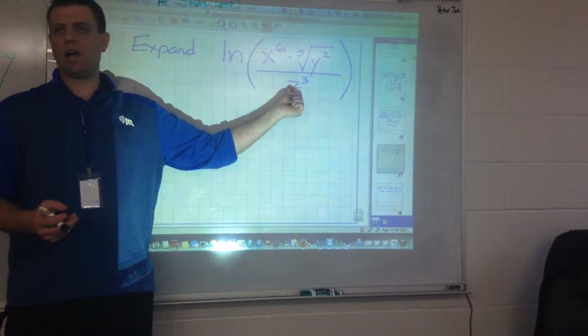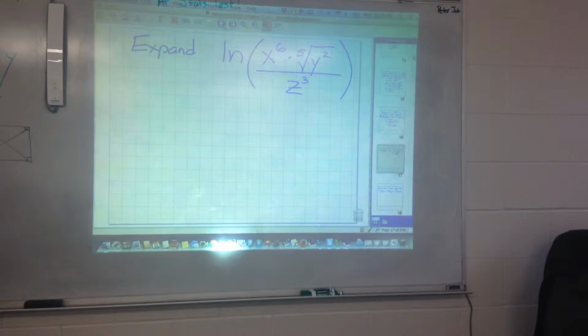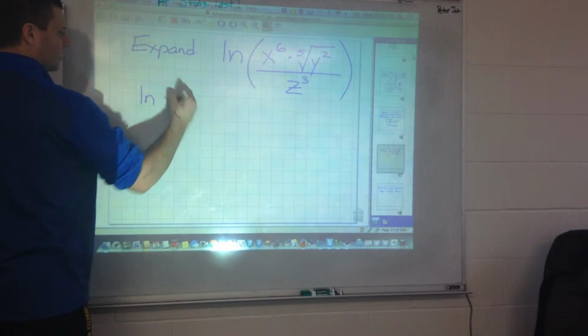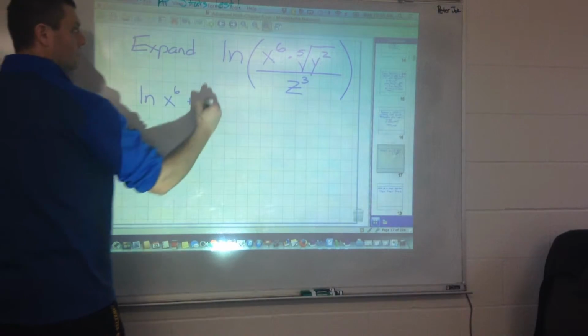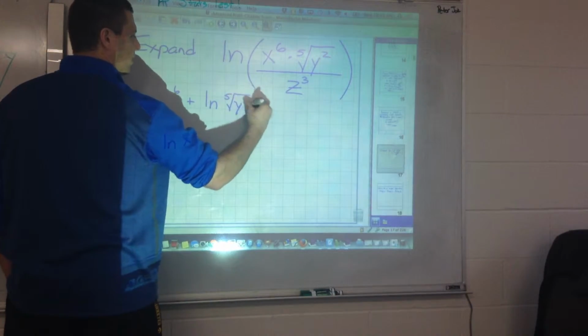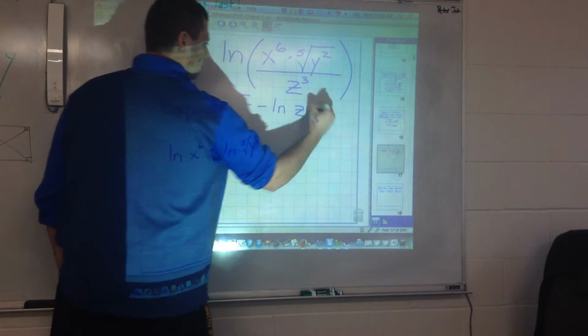And this one will have a subtraction symbol in front of it, right? So, natural log of x to the 6th plus the natural log of the 5th root of y squared minus the natural log of z to the 3rd.